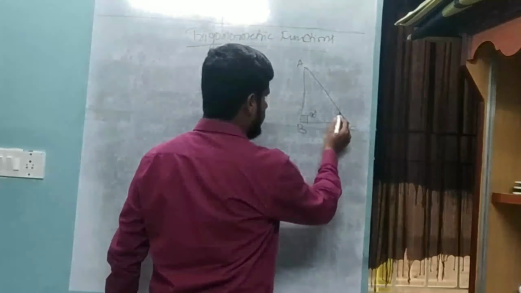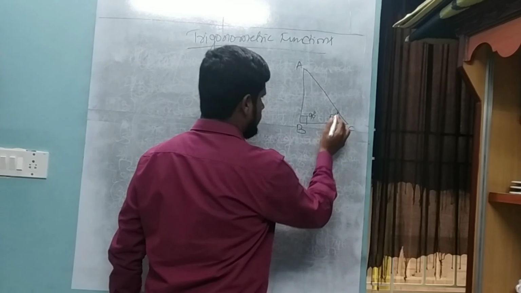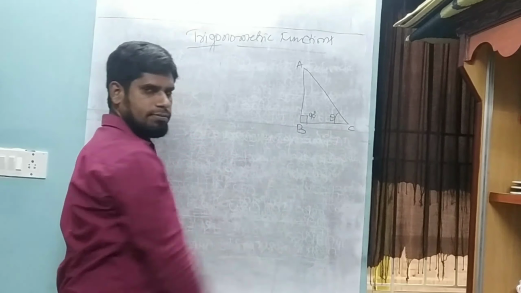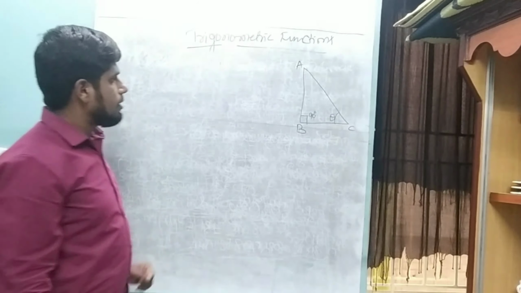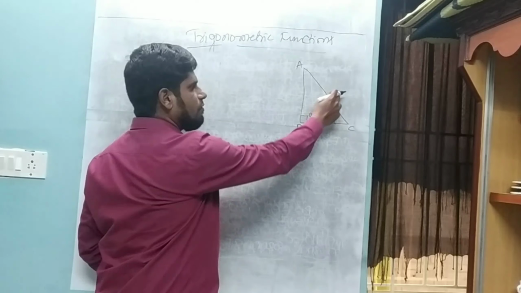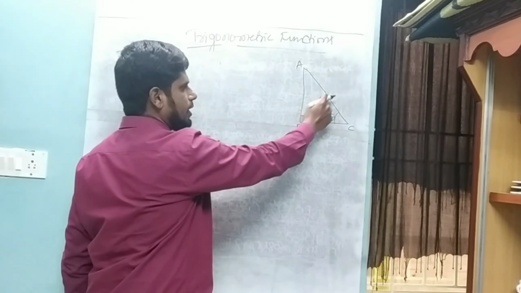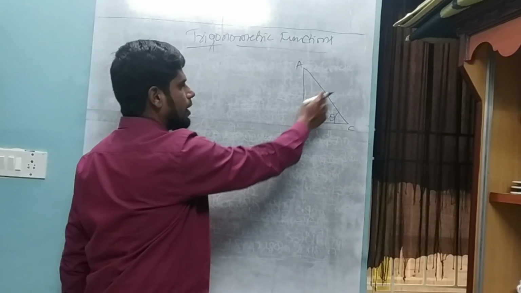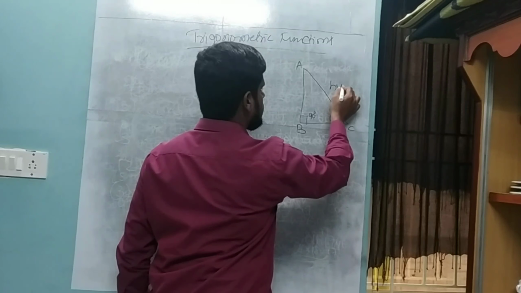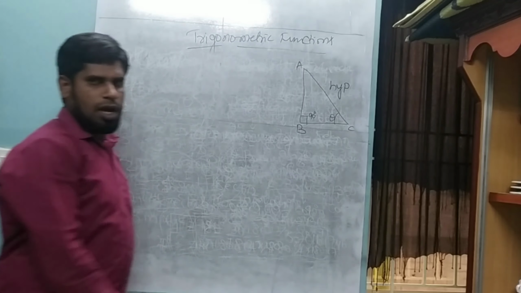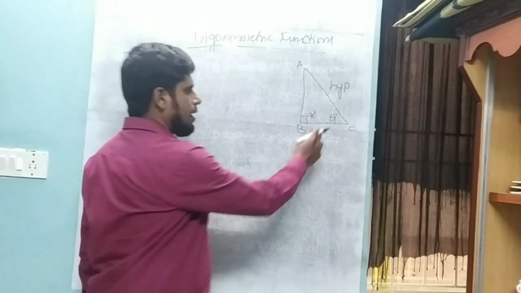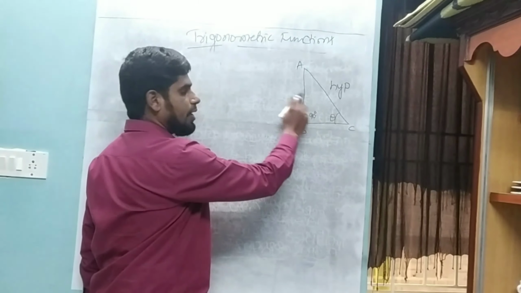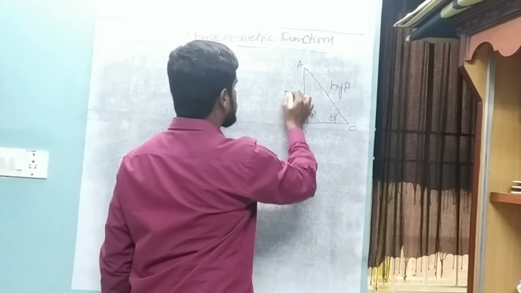If this is my measurement angle theta, then the side opposite to 90 degree in a triangle is the hypotenuse. This is hypotenuse.